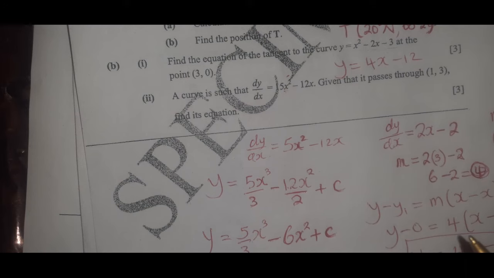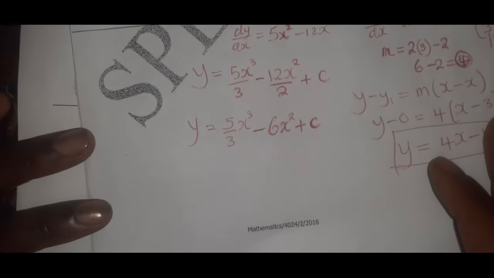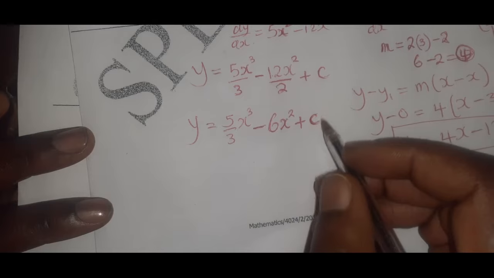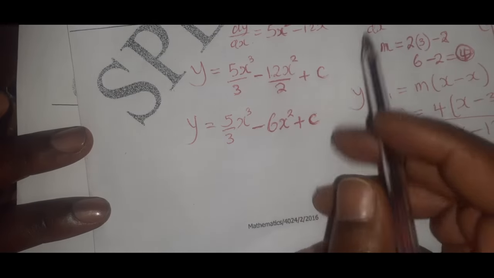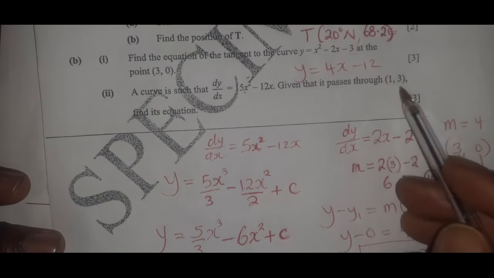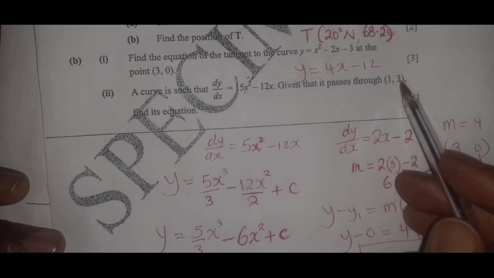All right. So now at this point, we need to find what this c is. We need to find what this c is. So we're going to use the coordinates that we are given here. We're going to use these same coordinates. This is the x coordinate, and then this is the y coordinate.